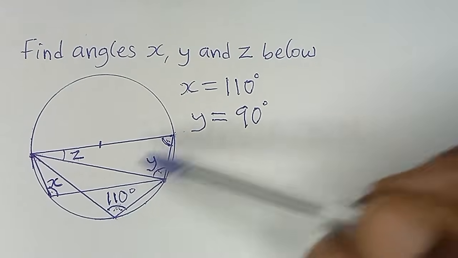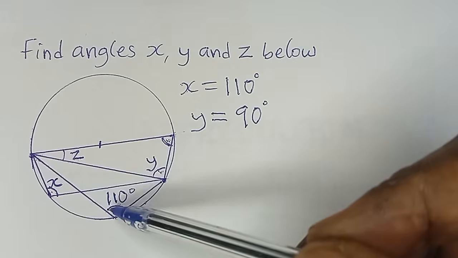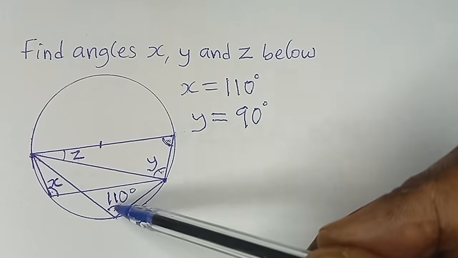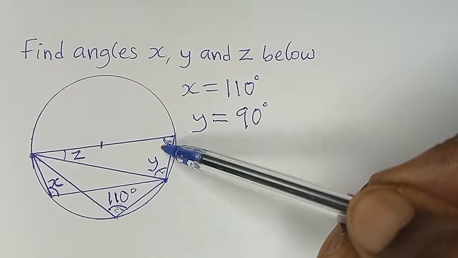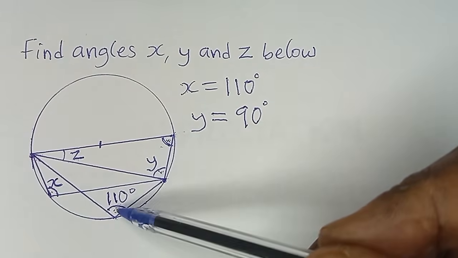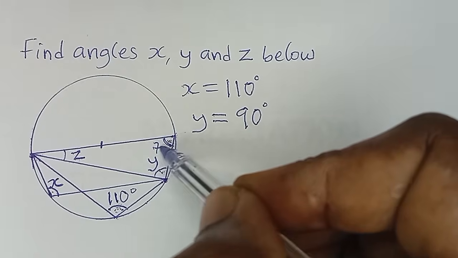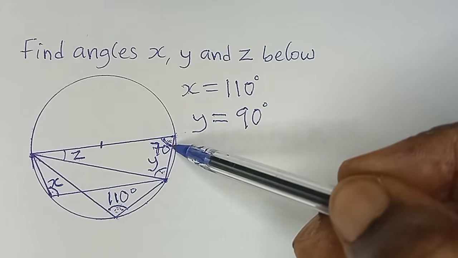So these two opposite angles of this quadrilateral are supplementary, meaning if you add them together, you get 180. If this is 110, then to get this angle, we say 180 minus 110, which gives us 70 degrees. So this angle here is 70 degrees.